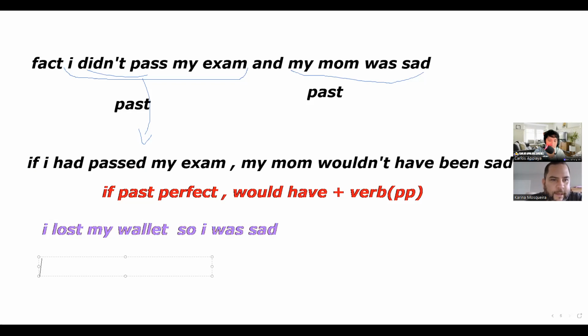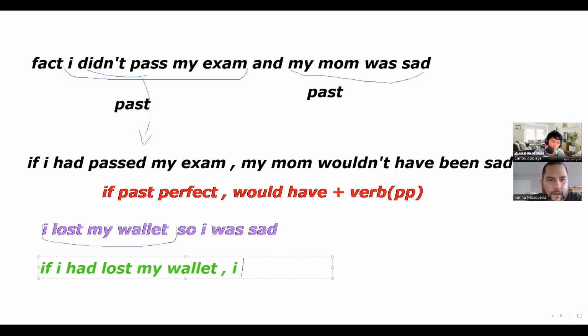If I didn't. Incorrect, because this is in the past. This is not in the present. If I lost. If I had lost. If I had lost my wallet. I wasn't. No, because remember, I would have.